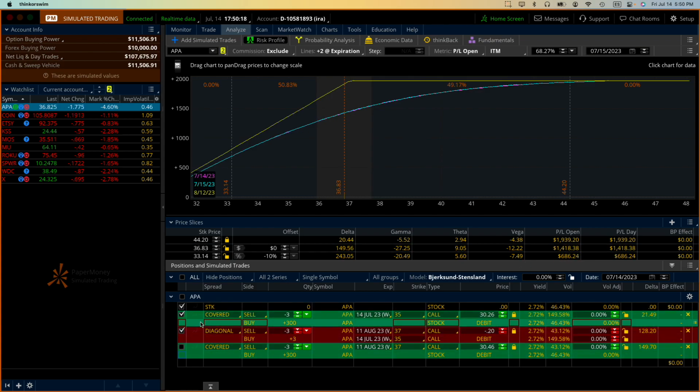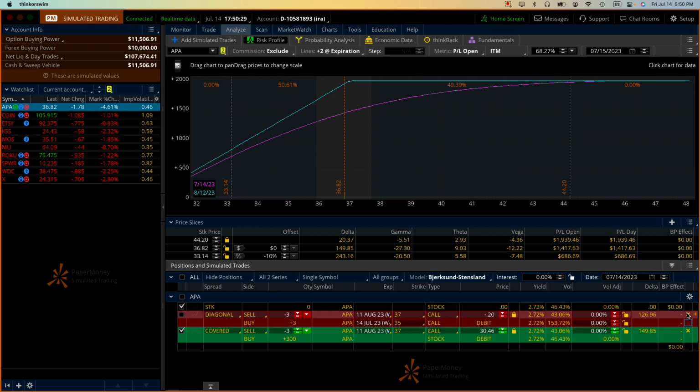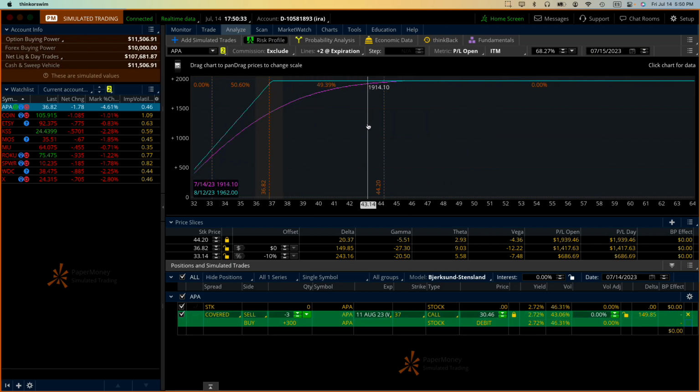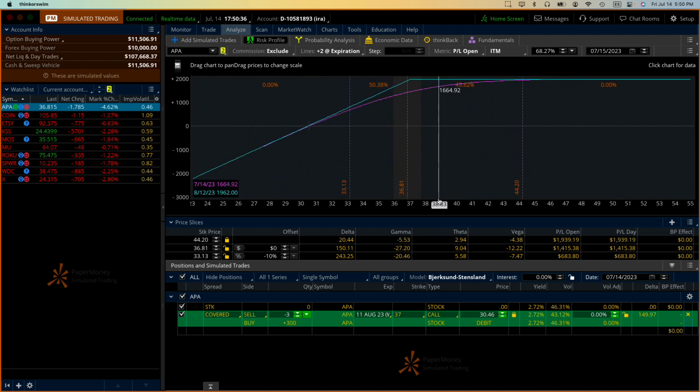So the new trade should be exactly the same. Here it is, 1962, fantastic. And yeah, so I can delete the other two, and this is my current trade, calculating the profits that we have made so far, the adjustments we have made.